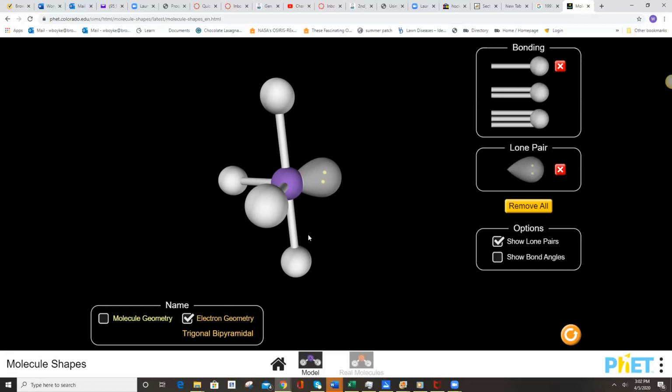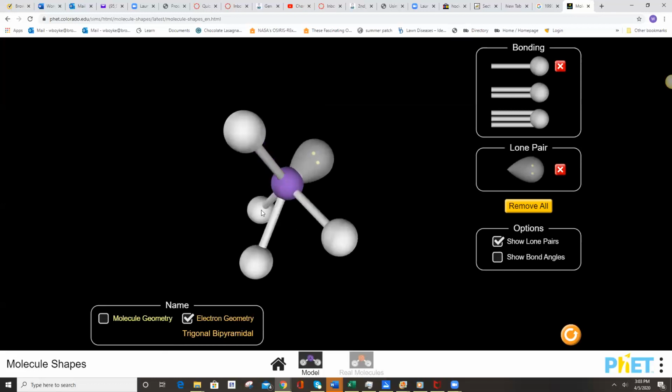Here, there's 2 different positions. There's axial positions and equatorial positions. And what you see is that the lone pair is going into an equatorial position. You're going to find all the lone pairs will go into those equatorial positions because that spaces out the lone pairs to the greatest degree possible. So our electron geometry is still trigonal bipyramidal.